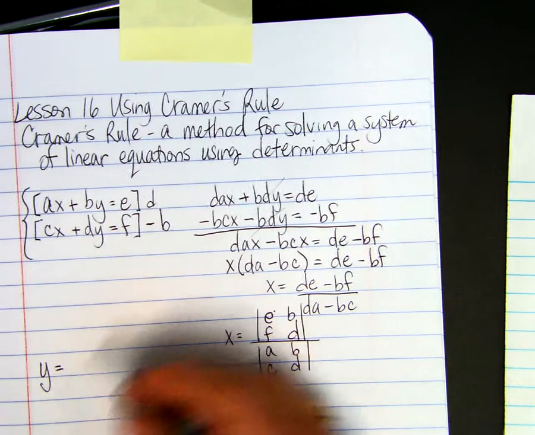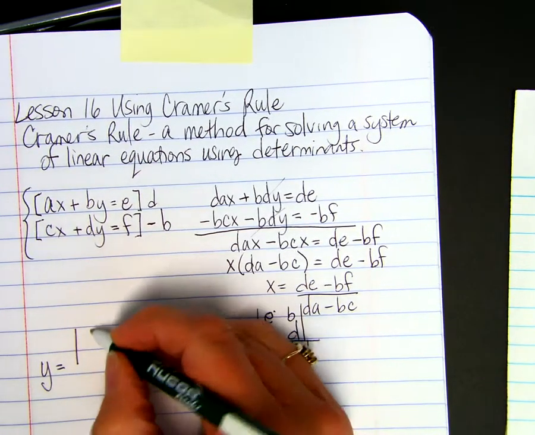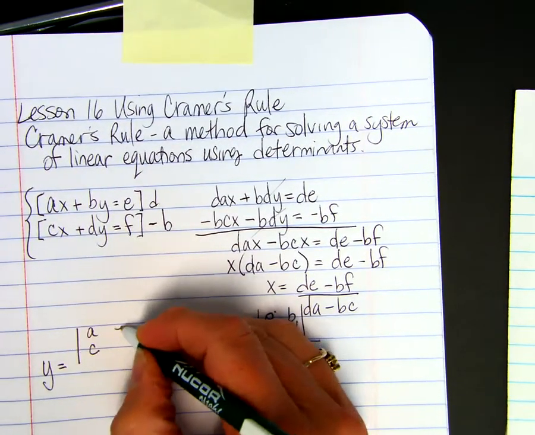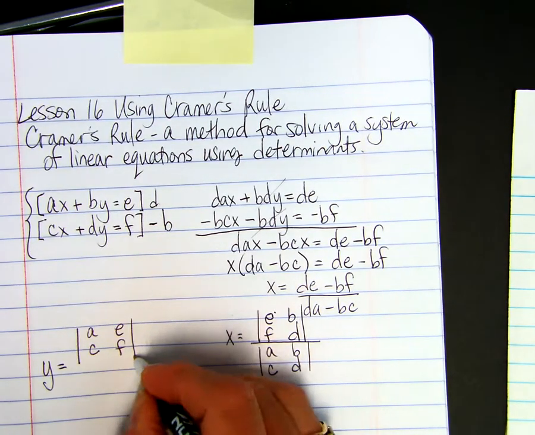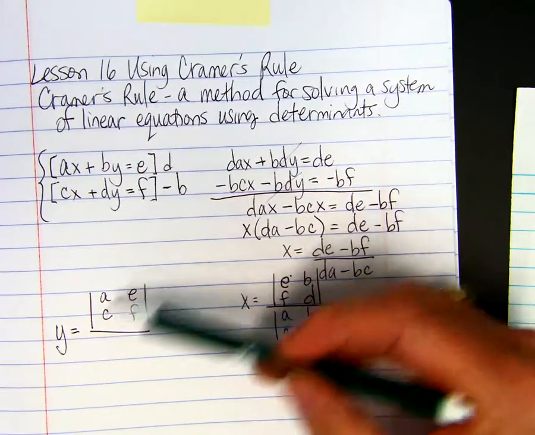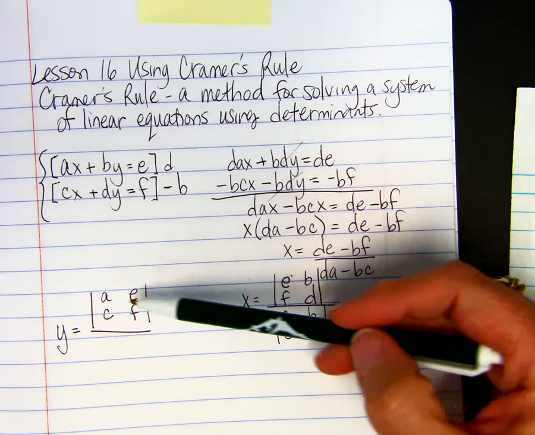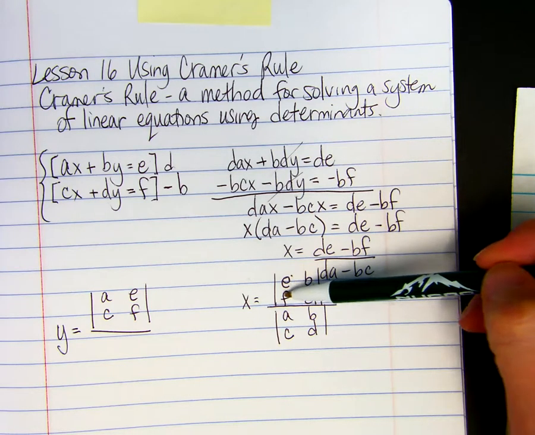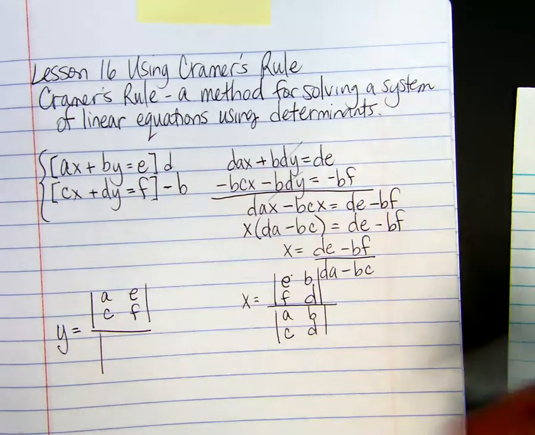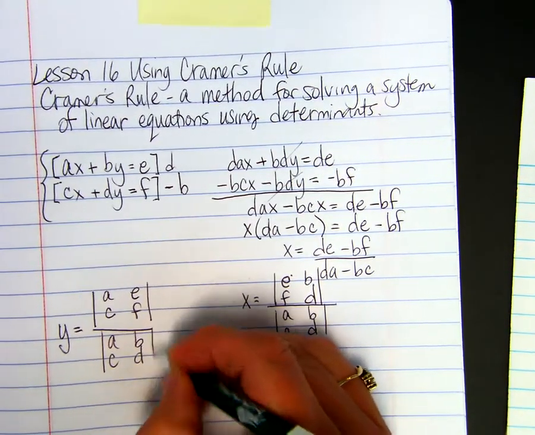To find y, we put the coefficients of x in the first column and the answers in the second column, where y would normally go. So we're replacing the coefficients of y with the answers, over the determinant of the coefficients of x and y.